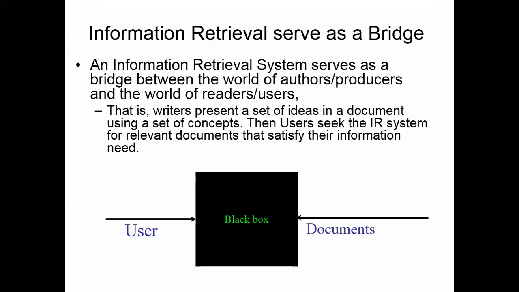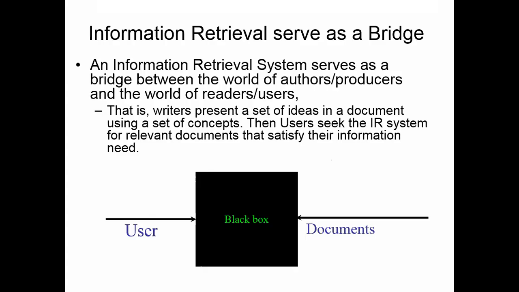If we allow the author's world to present for the reader's world, and the reader's world to access the author's world, since they exist in a distributed manner in such a globalized world, it's very difficult to make them meet directly, since the documents themselves are available in this world, and the information need is available in this world.